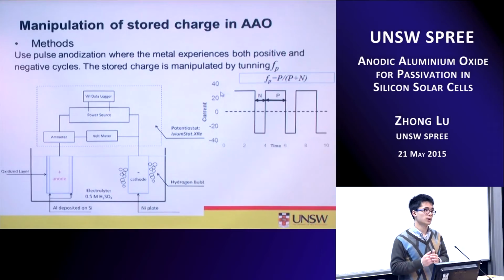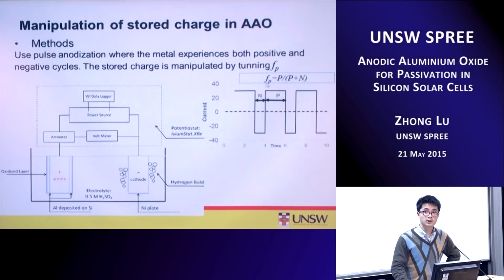Typically people would use a constant current or constant voltage power source to anodize aluminium to grow AO. But in my case, I use a pulse current which has both positive and negative cycles. The only thing that I change in my process is the ratio between the positive duration and the cycle length. I have demonstrated that by changing this ratio, you'll be able to change the store charge.